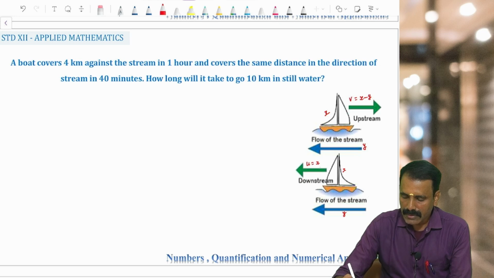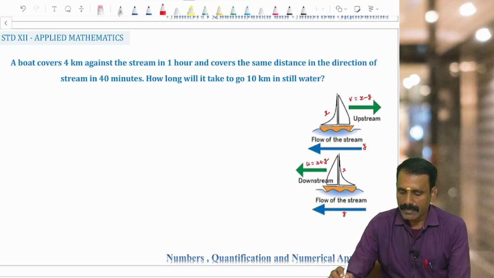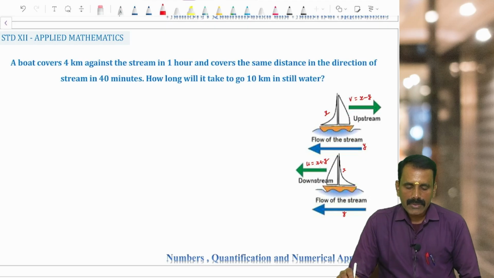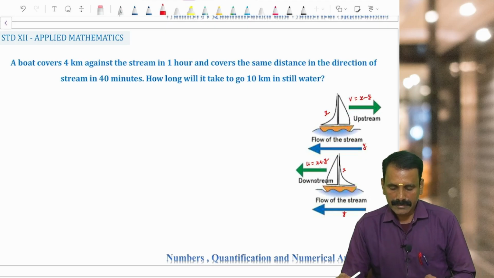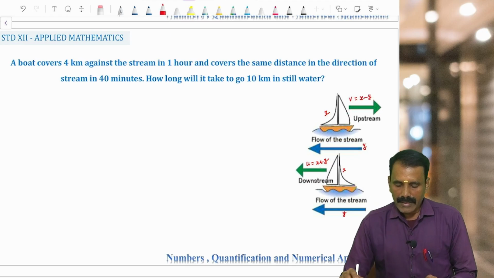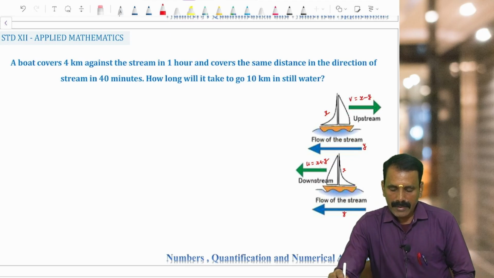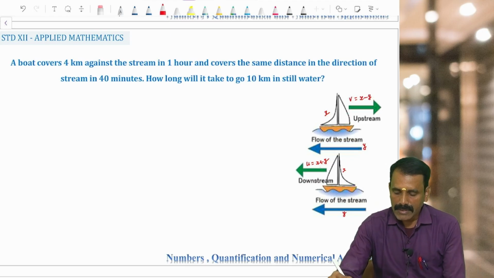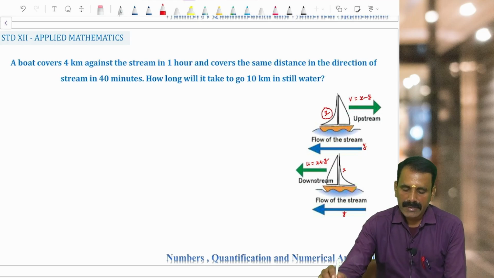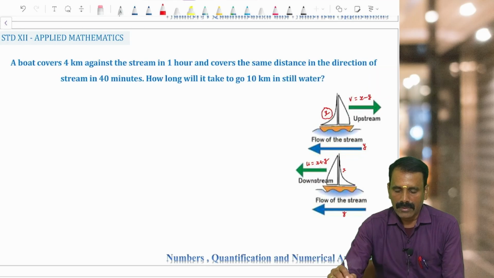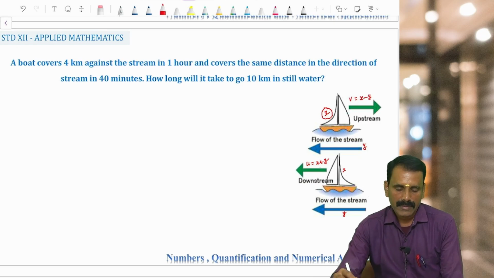So u is equal to x plus y. With the given data, we are supposed to find the speed of the boat in still water, that is, the value for x. Then we can find the time taken for the boat to cover 10 km in still water.